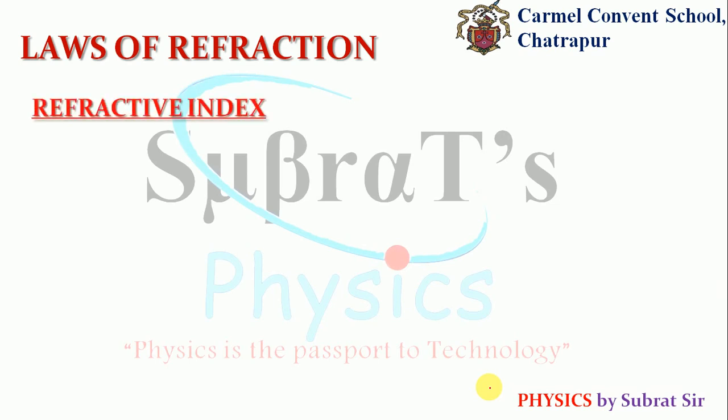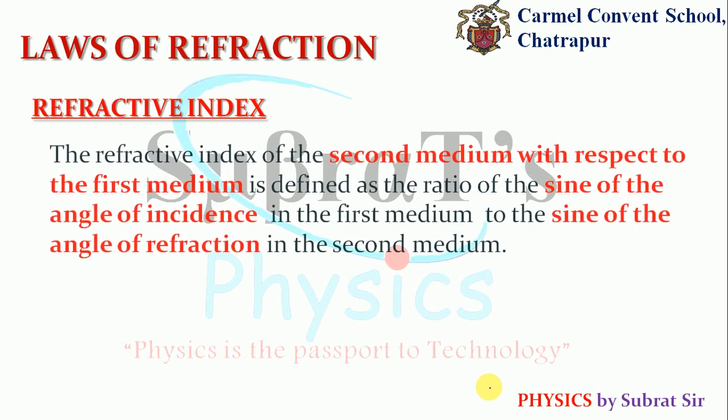From that we can define refractive index. The refractive index of the second medium with respect to the first medium can be defined as the ratio of the sine of the angle of incidence in the first medium to the sine of the angle of refraction in the second medium.